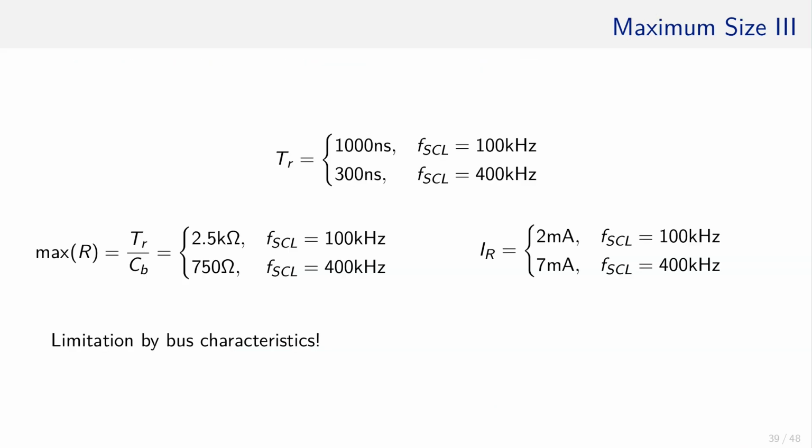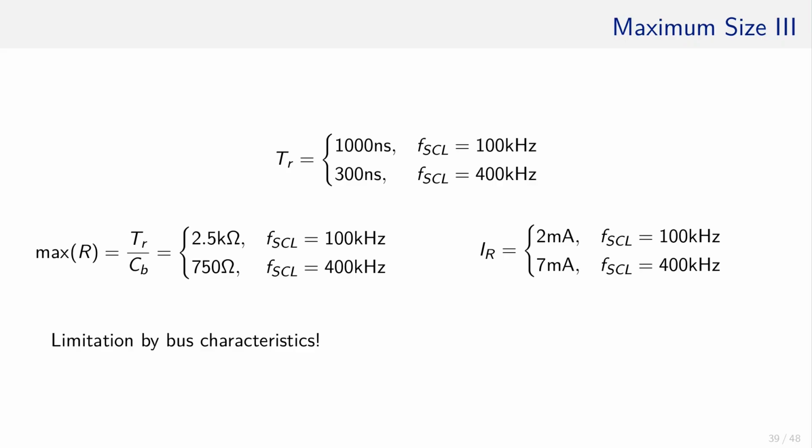Alright, let's plug those values into our formula. If the bus runs at 100 kHz, the maximum resistance that is officially supported is 2.5 kilo ohm. That means for such a bus, you can choose a resistor between 1.5 kilo ohm and 2.5 kilo ohm. However, if you want to run the bus at 400 kHz, the maximum resistance is only 750 ohm.